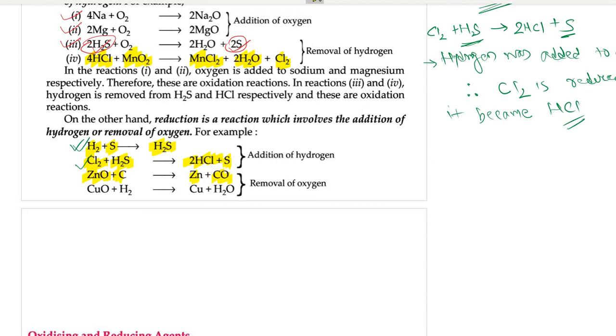Copper oxide plus hydrogen, we have already seen this. Copper oxide plus hydrogen gives copper plus water. Oxygen gets removed from copper oxide, it gets converted into copper. So copper oxide is reduced, but oxygen gets added to hydrogen. So we can say hydrogen is oxidized.